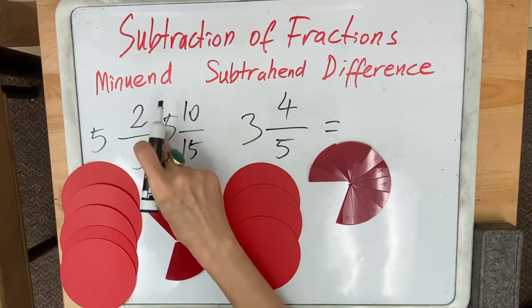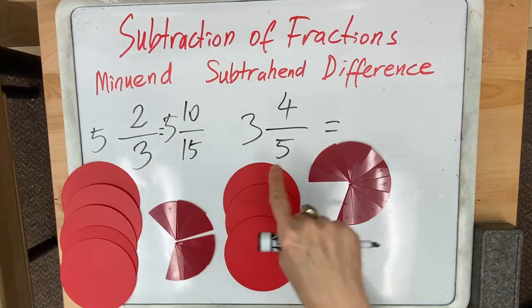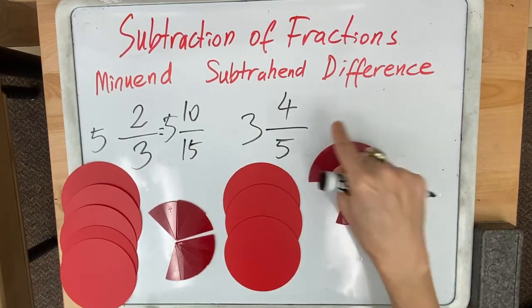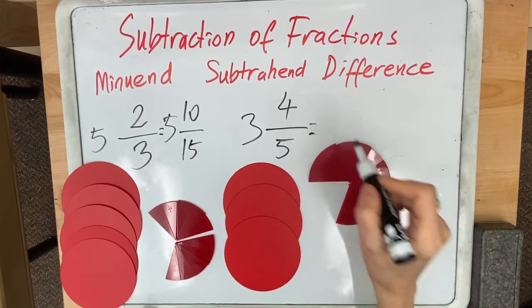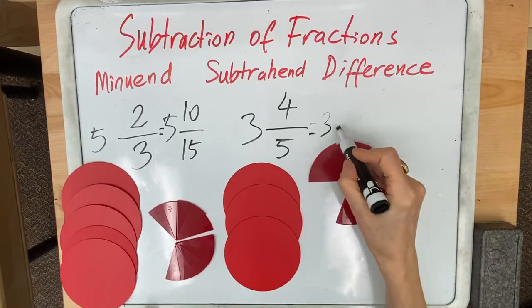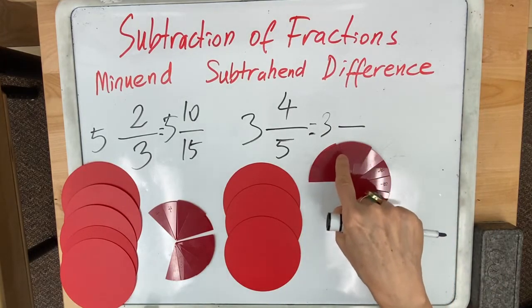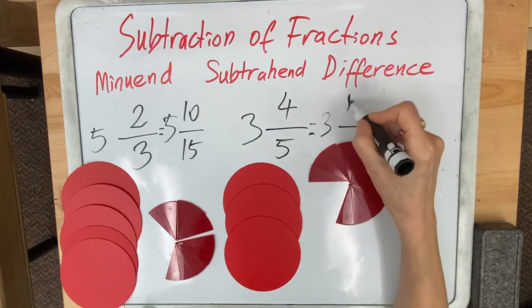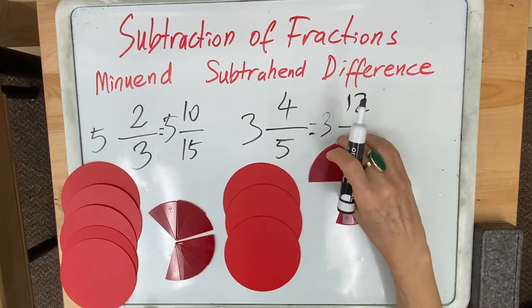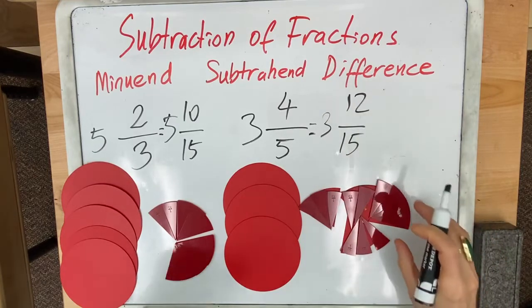And these are equal. And how about what I have here is equal to what? That is 3 and 1, 2, 3, 4, 5, 6, 7, 8, 9, 10, 11, 12 15ths.